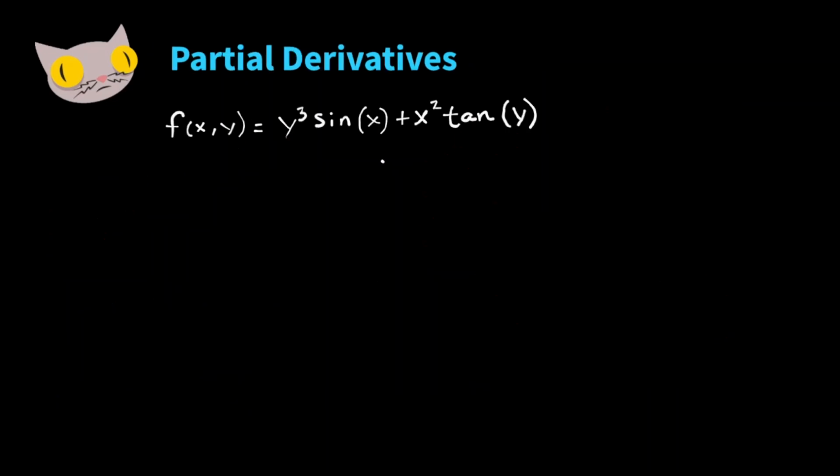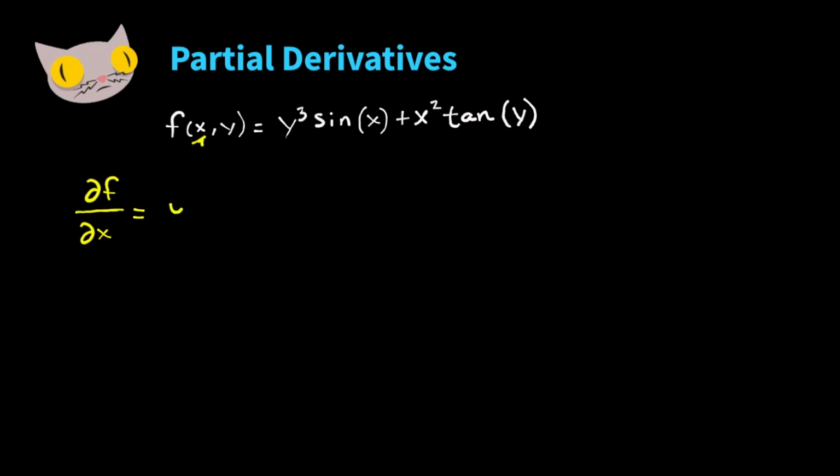Let's do a hard one. What if we had f of x and y is equal to y cubed times sine of x plus x squared times tangent of y? Let's first find the partial derivative with respect to x.